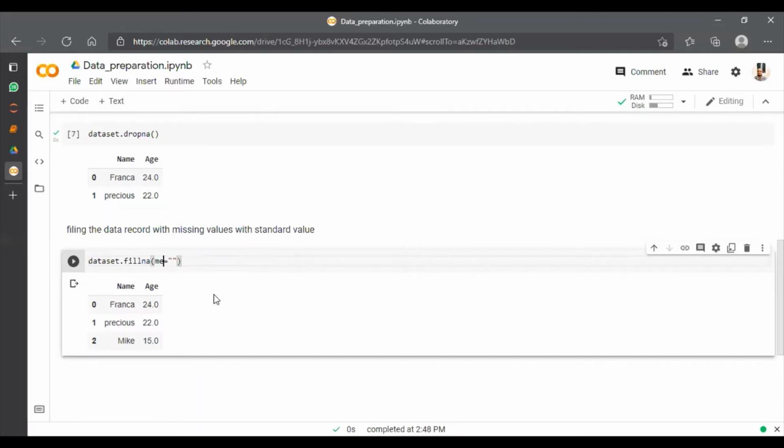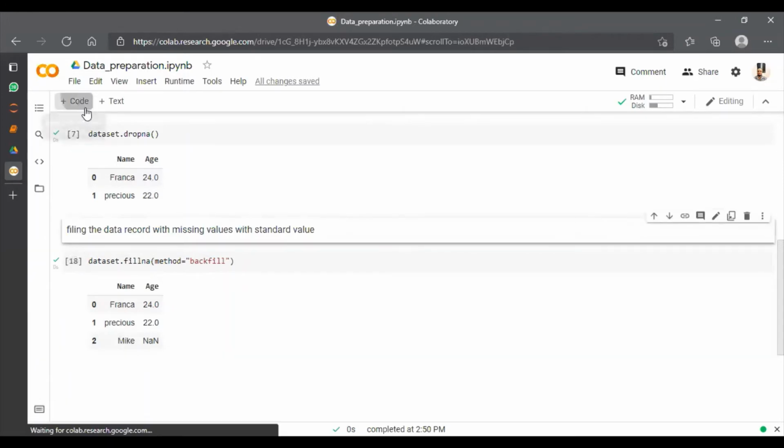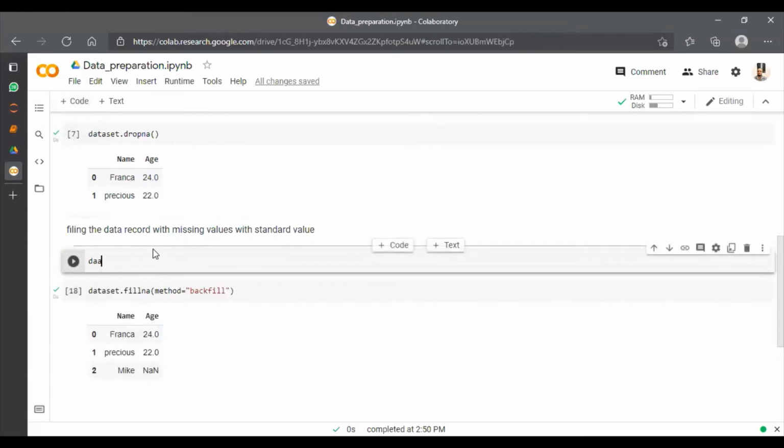There's a particular keyword called method. For method, we have the backfill method, which is going to fill with the previous values. Let's see how it works. These are the data sets.